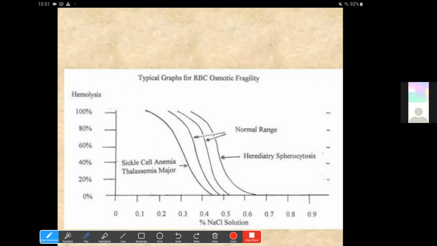The other form is hydrocytosis, which is due to deficiency of band 7.2 or stomatin. Both are autosomal dominant inheritance.